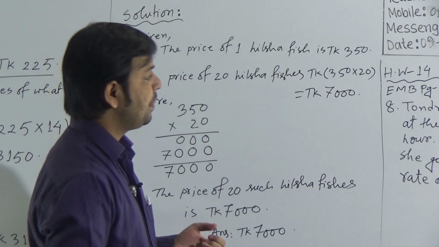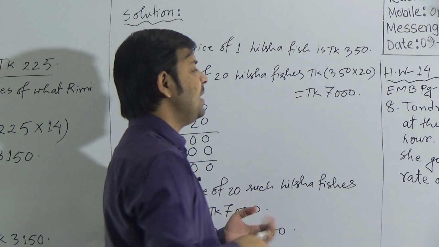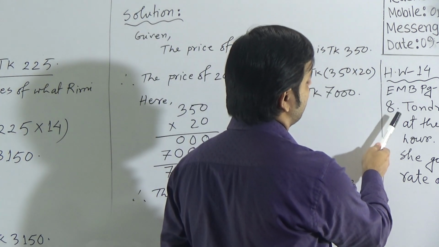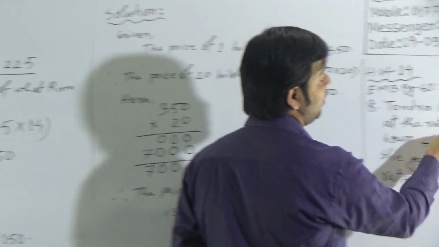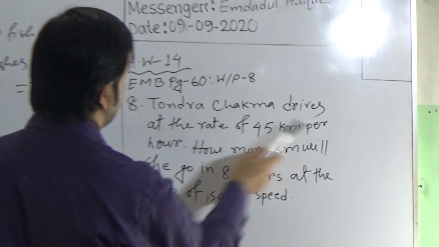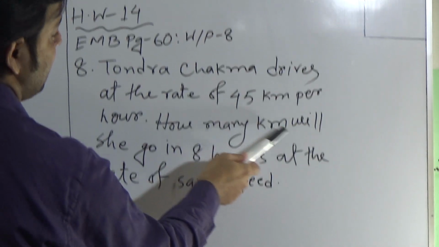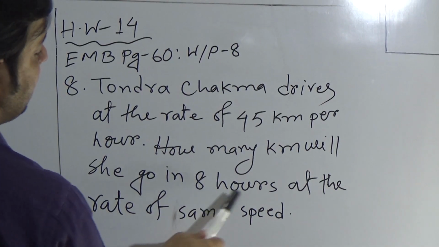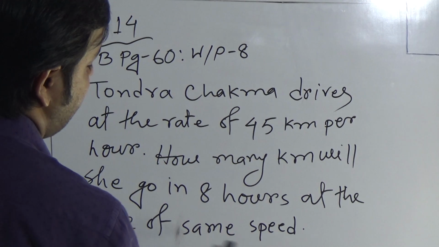From EMB page 60, word problem 8 is given for your homework. The question is, Tandra Chakma drives at the rate of 45 km per hour. How many kilometers will she go in 8 hours at the rate of same speed?